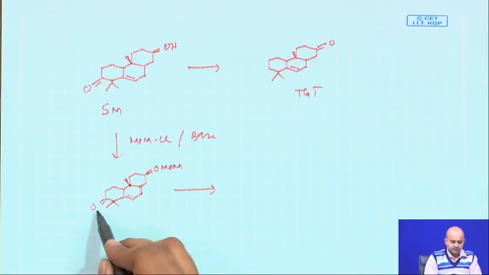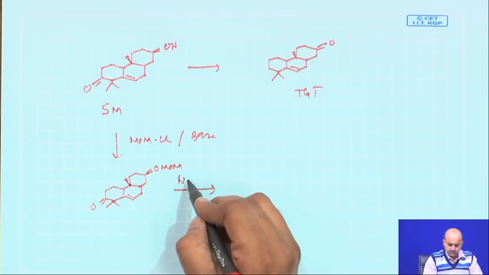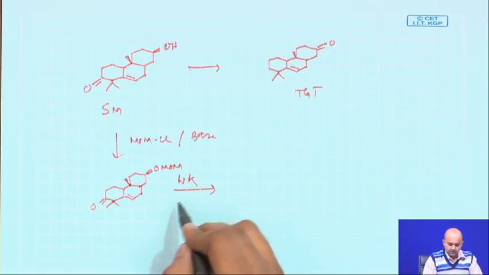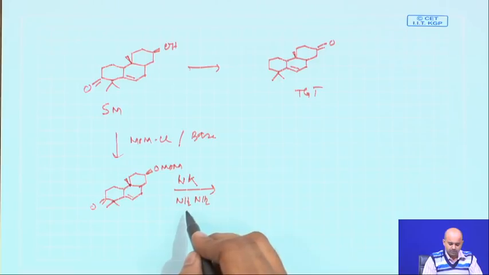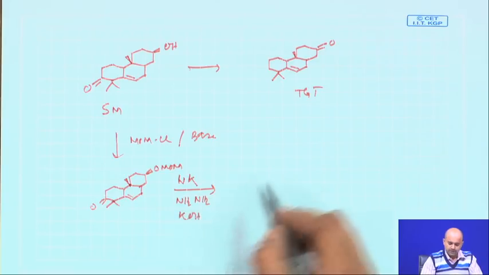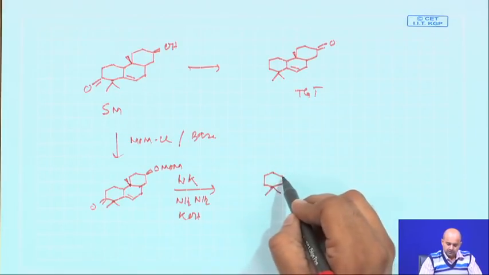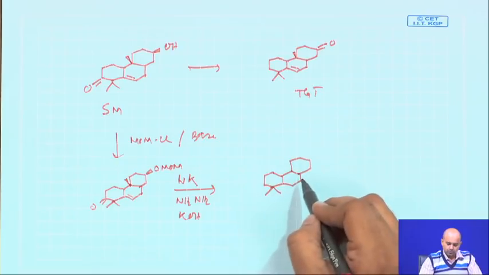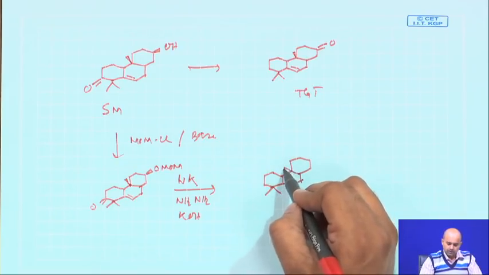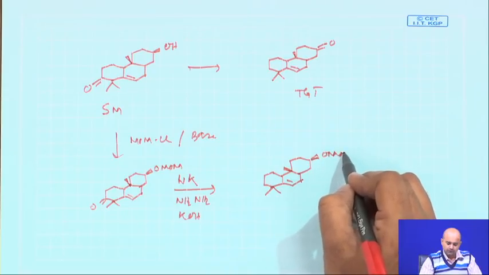And then this ketone needs to be deoxygenated by a standard reduction like Wolff-Kishner. So, you treat with hydrazine hydrate, a transformation we have already discussed many times, and Wolff-Kishner will deoxygenate the carbonyl group, and you can get this intermediate without any difficulties.